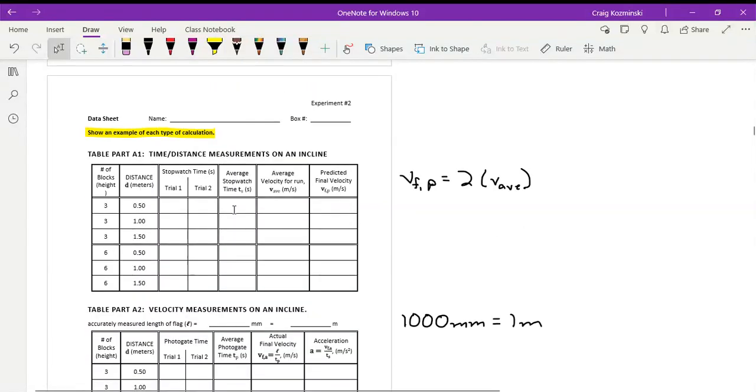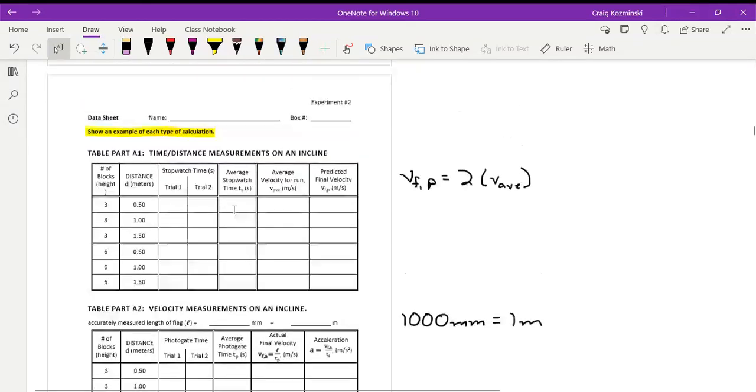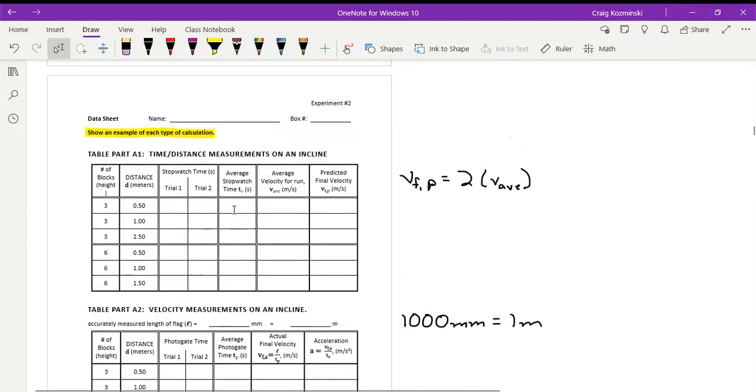Now, finally, here on our data sheet, I want to call to mind some things that might be helpful for you to look at before coming to lab. For example, in table part A1, you'll see that we are recording 2 times for each trial. So I'll have trial 1 and trial 2, 1 time for each trial, excuse me.